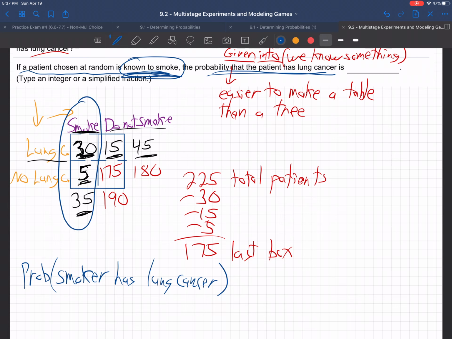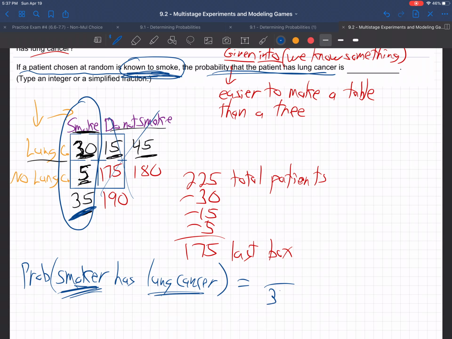We're not talking about these people, because those are people that don't smoke. If you grab one of those 35 smokers at random, what's the chance they have lung cancer?